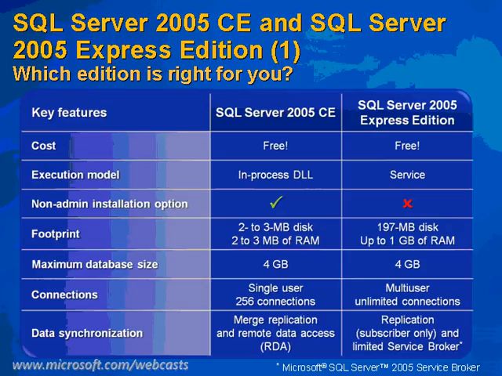Whereas on 2005, it supports replication, but it can only be a subscriber. And then you may want to take advantage of service-oriented architectures, which is more complex, by leveraging Service Broker, which is a wonderful technology available in the Express edition.